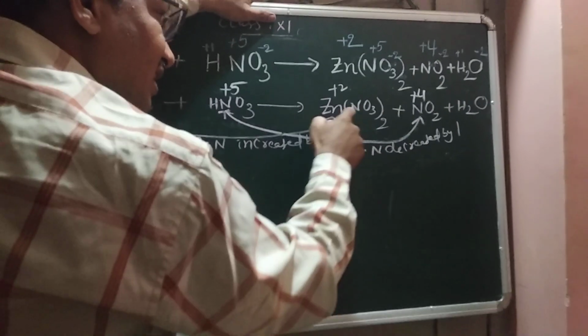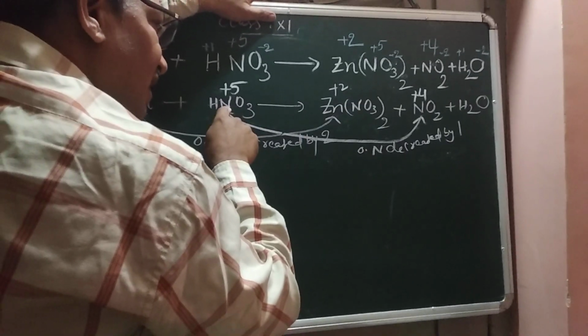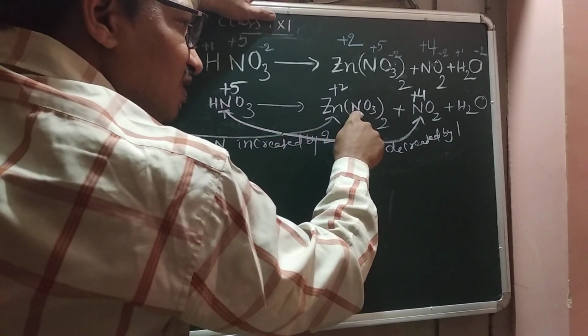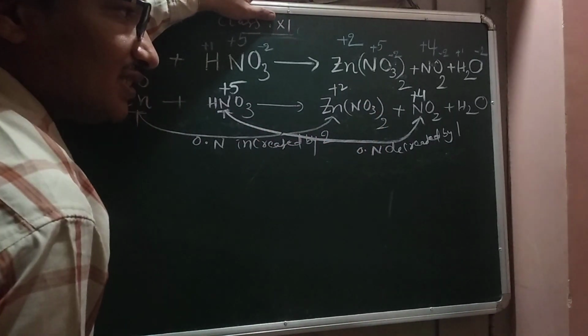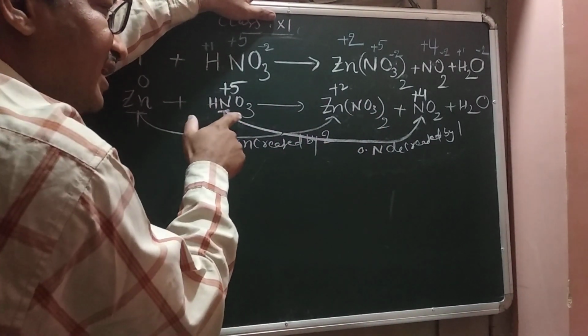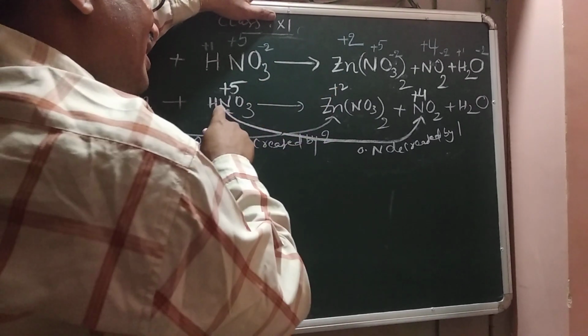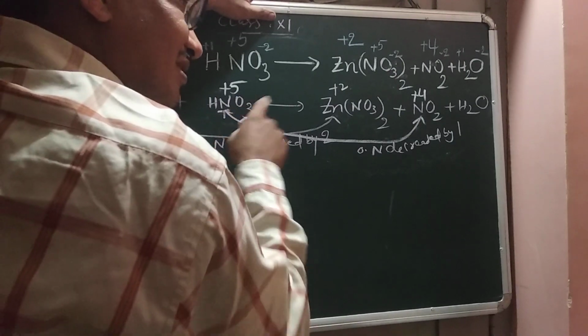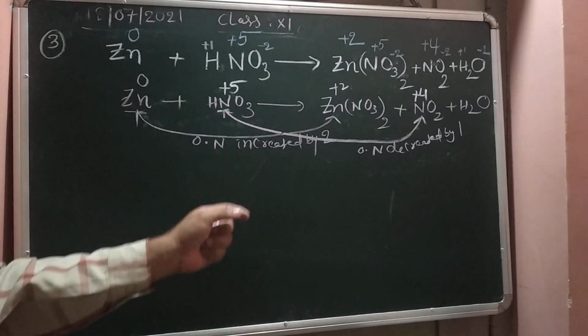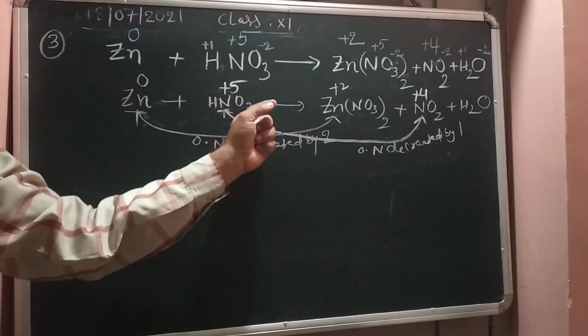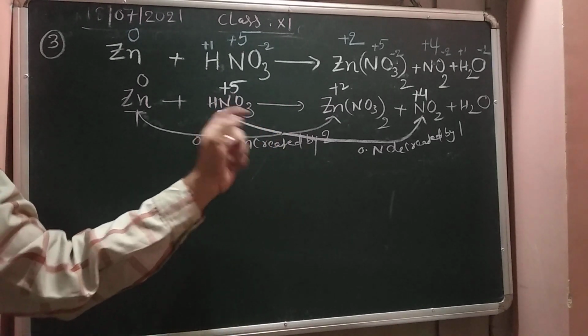Here in the nitrogen case, here also nitrogen +5, here also nitrogen +5, but I am not considering this, as here nitric acid acts as an oxidizing agent and nitric acid also acts as an acid. So in this problem we will write the ionic form.